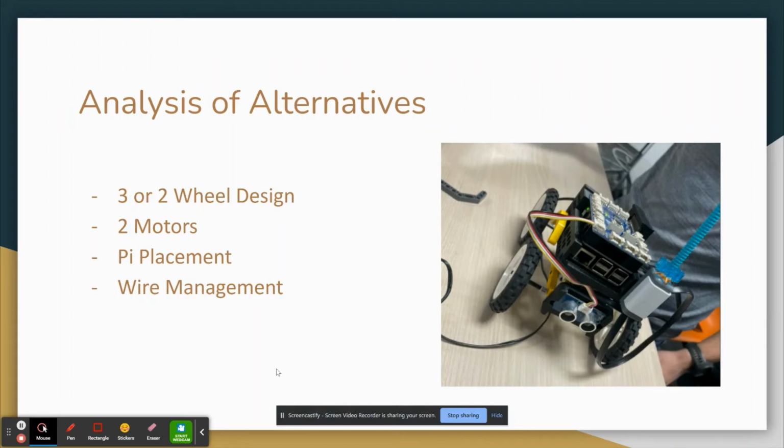We realized that this was a clunkier and more difficult design to work with, so we decided to stick with 1 motor that would drive the wheels and have the wheels trail behind on the other end of the robot. We also had to decide how to place the Pi and how to balance the weight of the robot, and also how to manage the wires from the Pi to the different systems.